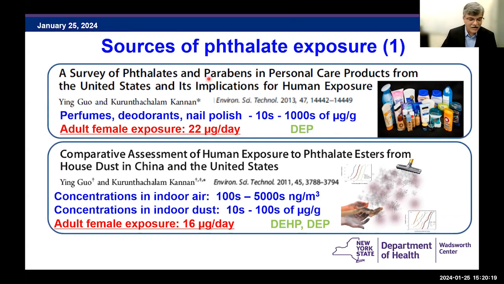Of course, at the time we also analyzed parabens, many other chemicals in perfumes, deodorants, nail polishes, and many other personal care products. We can find tens to thousands of microgram per gram of the product for various phthalates. So based on the amount of usage of those personal care products, for instance, in adult female, the exposure dose was calculated to be 22 microgram every day.